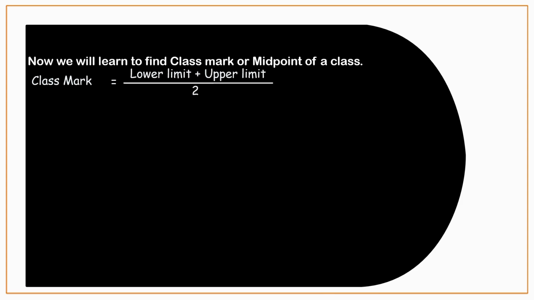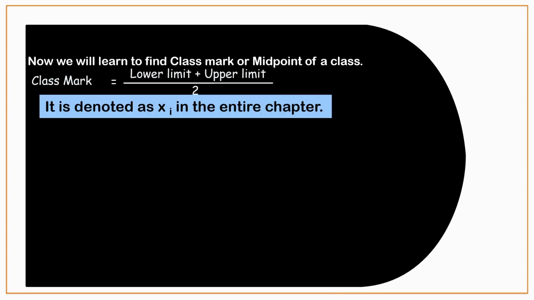So class mark is lower limit plus upper limit divided by 2. It is denoted as xi in the entire chapter. So we will always denote the class mark with xi. So i here indicates each row, and each row will be denoted as i.